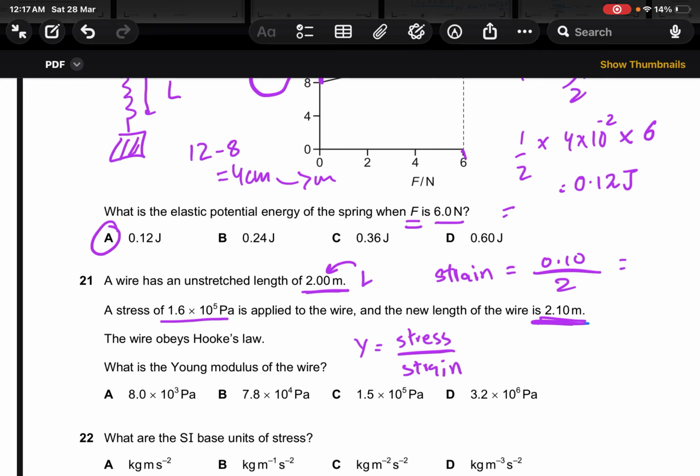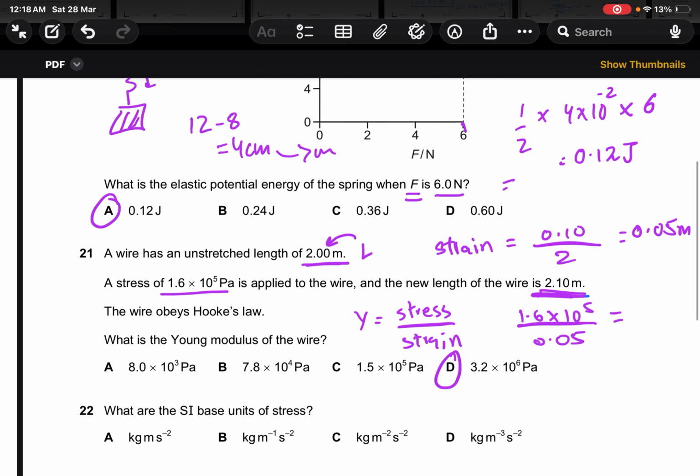Let's see what we get for the strain. 0.1 divided by 2, 0.05 meters. So stress is 1.6 into 10 raised to power 5 upon strain, which is 0.05. The Young modulus is going to come out to be 1.6 into 10 raised to power 5 divided by 0.05. Young modulus is coming out to be 3.2 into 10 raised to power 6 pascals.